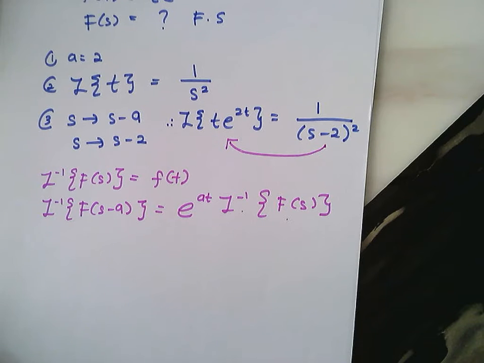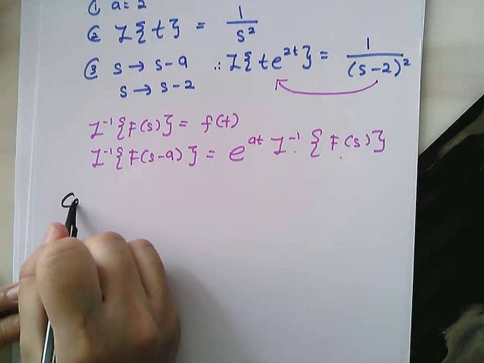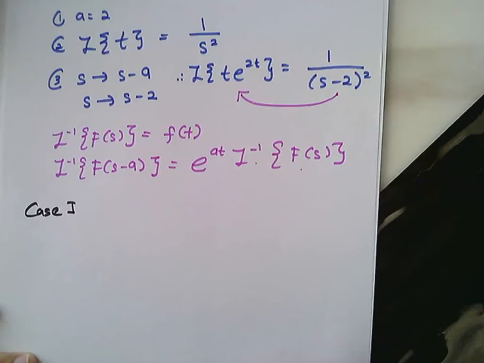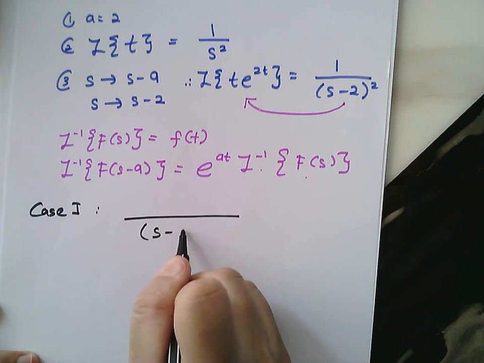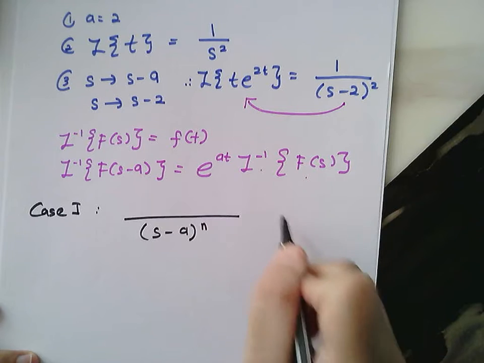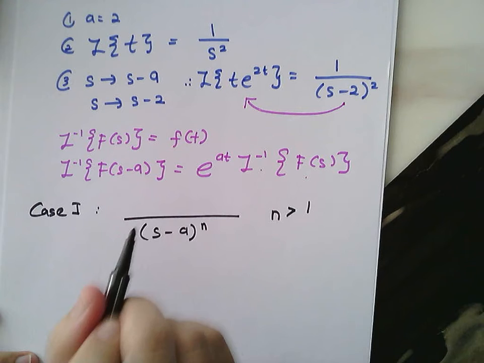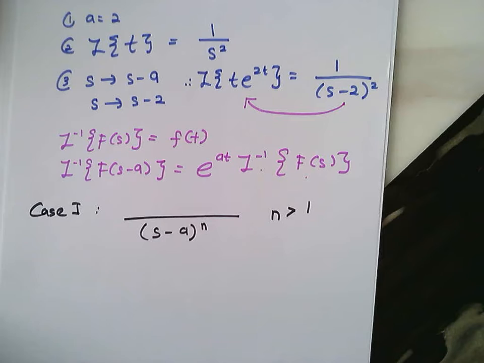I divide this into two cases. This is just me dividing this into case 1 and case 2. Let's consider the first case. Case 1: for the denominator part, you have (s minus a) to the power of n, where n is greater than 1. For the numerator part, you have any constant.